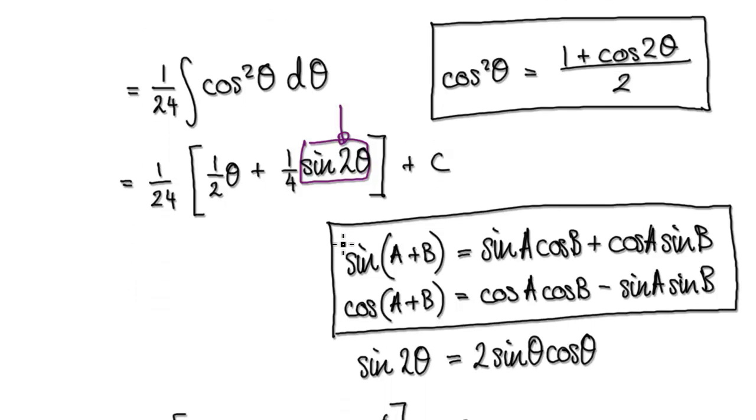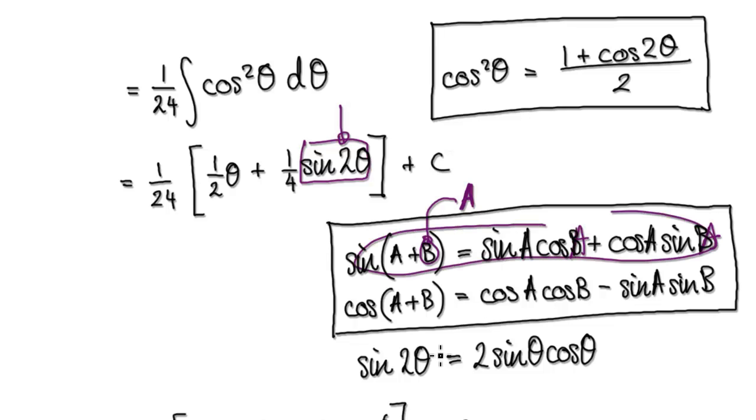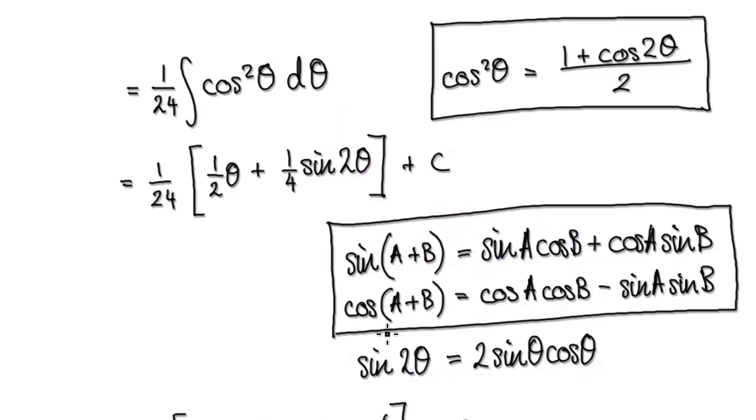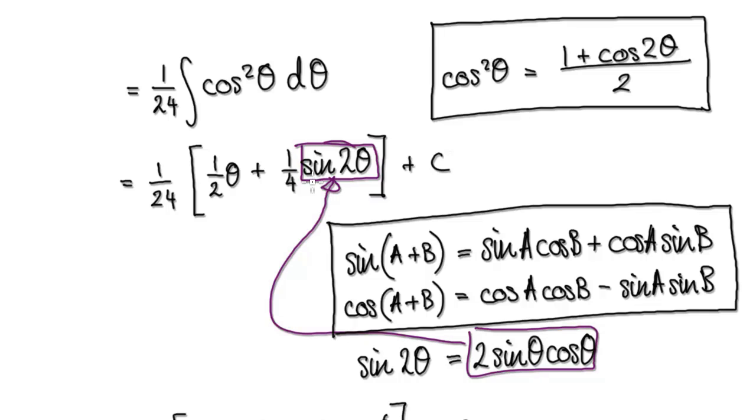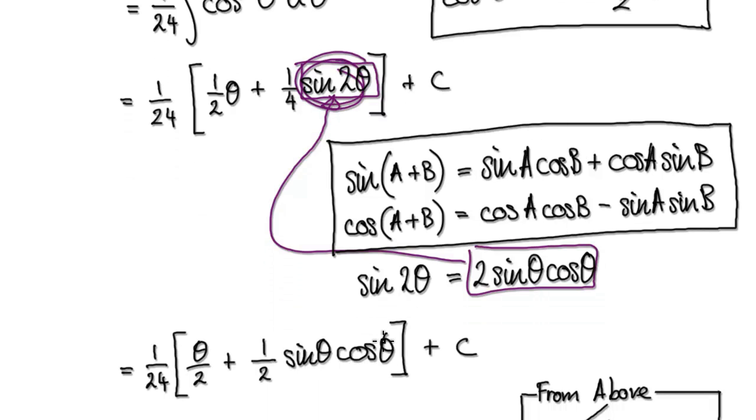If you make this angle B here to be the same as A, so this will then become A plus A. This whole thing here will then become this. So now, whenever you have a double angle here, we can put this into the double angle, and this whole thing here will then become this.